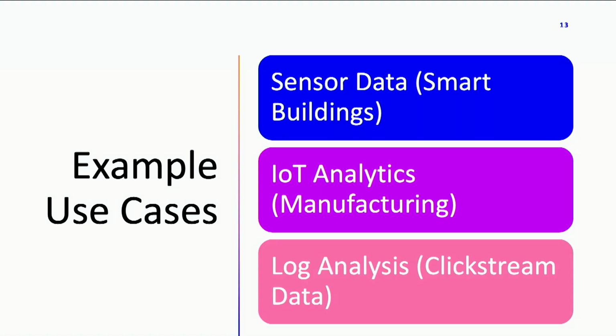Some use cases for Lambda: smart buildings. In one instance, we worked with a smart panel manufacturer that reads HVAC data and electrical data from the entirety of the building. This was also an IoT scenario, analyzing IoT data, lots of data points, lots of sensors, bringing in data rapidly, and being able to understand and act on those.